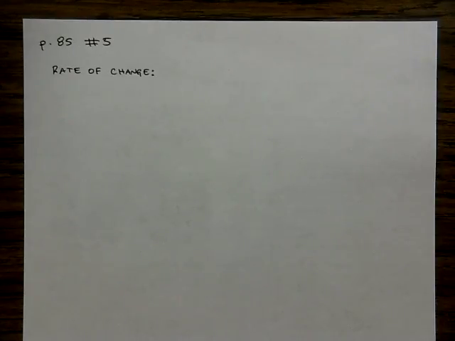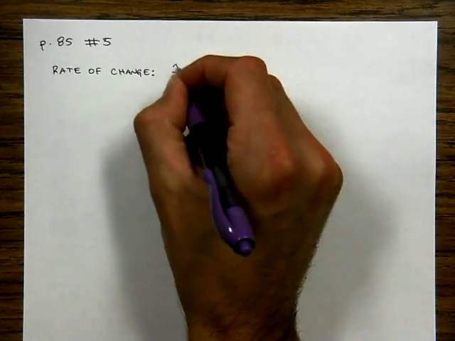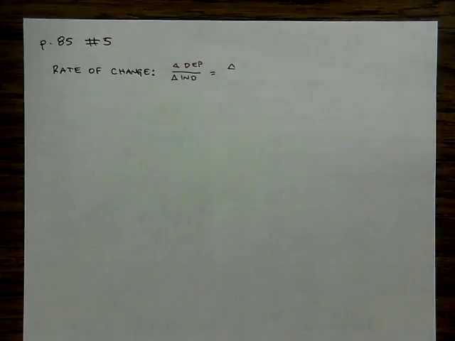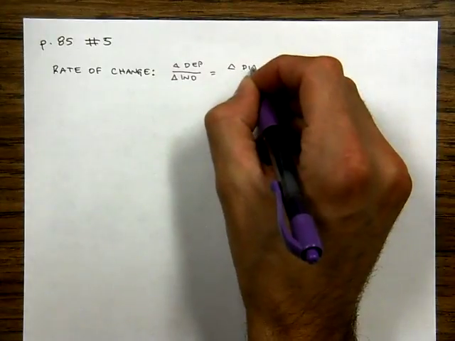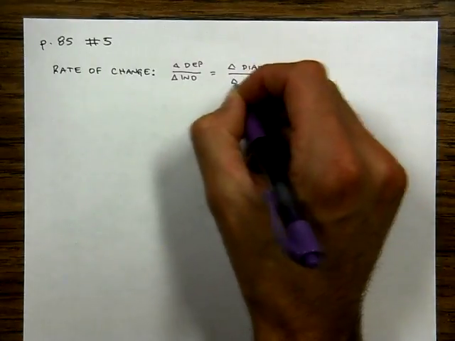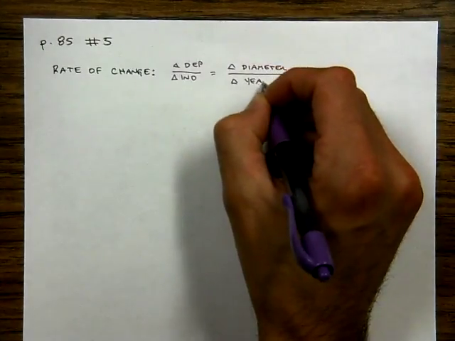And so when I'm looking at the change in the independent variable and the change in the dependent variable, in this case, the dependent variable is going to be the change in inches, or the change in the diameter of the tree. And then the independent variable is time, so I'm going to say it's the change in time, or the change in years.